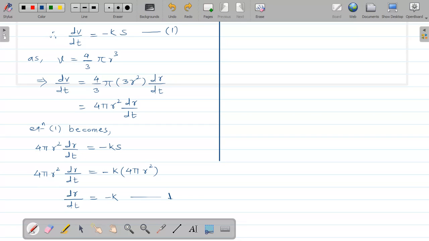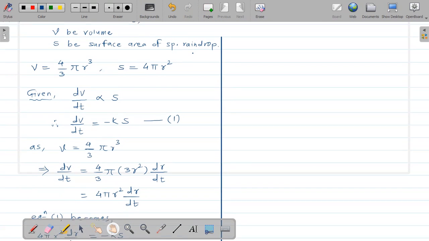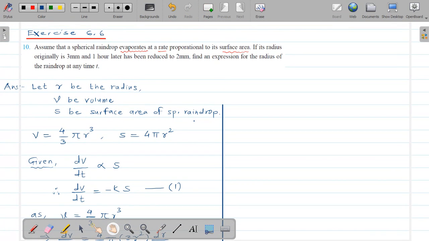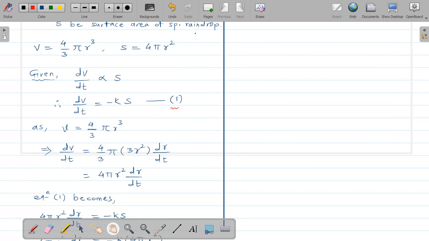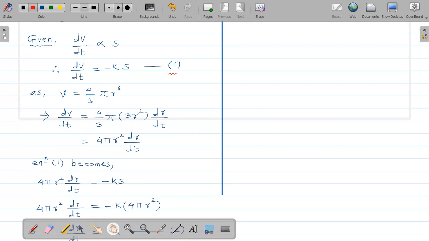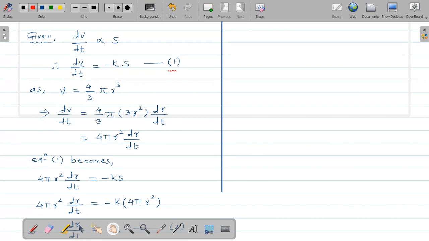So in this procedure, you remember that after the given condition, that a spherical raindrop evaporates at a rate proportional to its surface area, we get dv by dt is equal to minus ks, this equation. But as all of you know the formula of volume, if you differentiate that formula, then we get 4 pi r square into dr by dt.